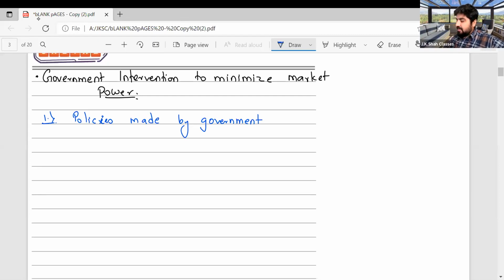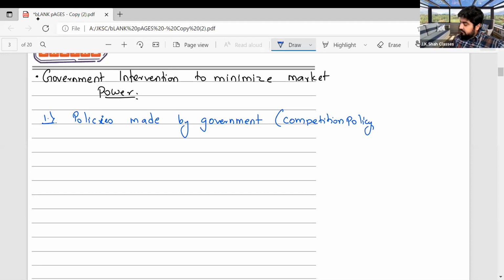Okay. So what are the various policies which are made by government? Are you aware about competition policy? You must have understood Competition Act, right? So when we talk about policy, let's say there is one policy which is called as competition policy. Yes, CCI, correct.